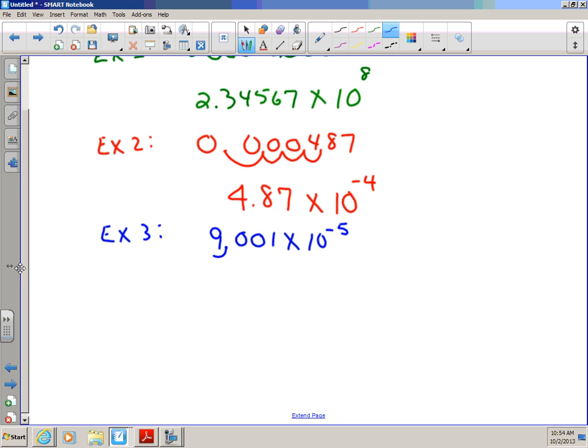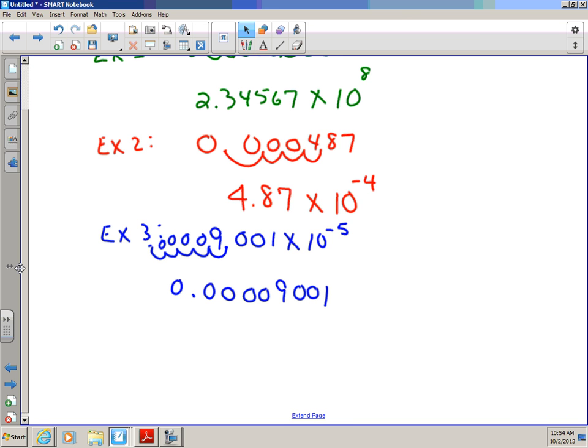I move it one place, that takes care of 1, but I still have 4 more slots to move it. So I'm going to take up those 4 spaces with 4 zeros. So 1, 2, 3, 4 zeros, and there is my number in standard form.